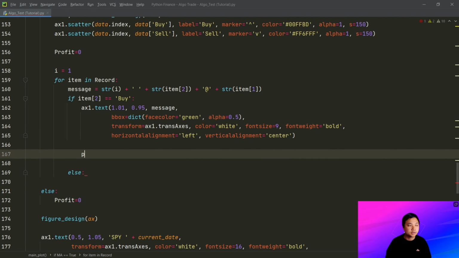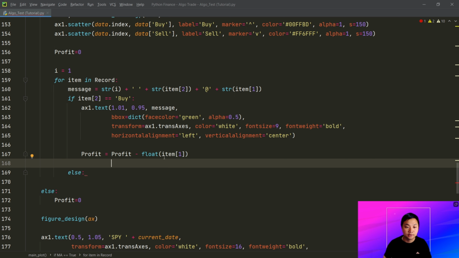And because this is a buy, I also need to update the profit. Here at the very beginning, we do not have any profit, so I just set profit equals 0. Because this is a buy action, that means we need to spend some money, so we need to minus the price.